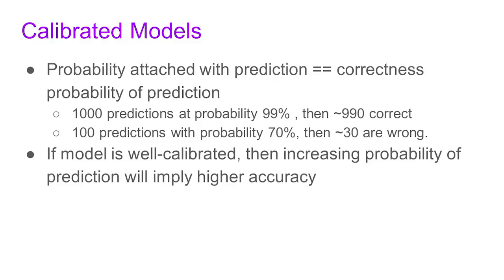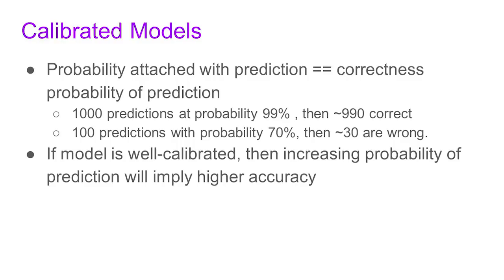So there is a notion of calibrated models, and these are models where the probability that the model attaches to the prediction has a one-to-one correspondence with the probability of correctness of the prediction. So the model has been trained, say, using maximum likelihood. If you have trained a calibrated model, then the probability should indicate your confidence in the prediction.